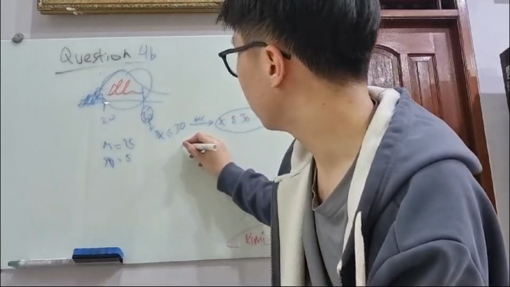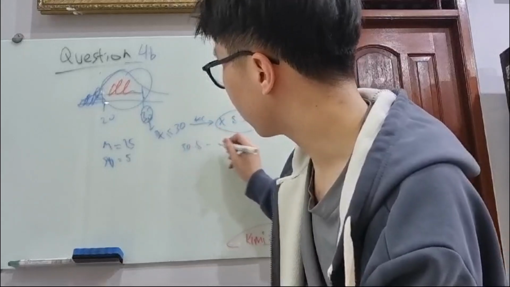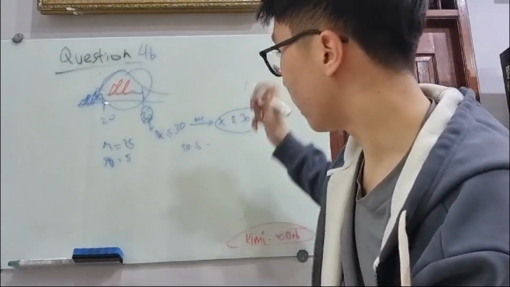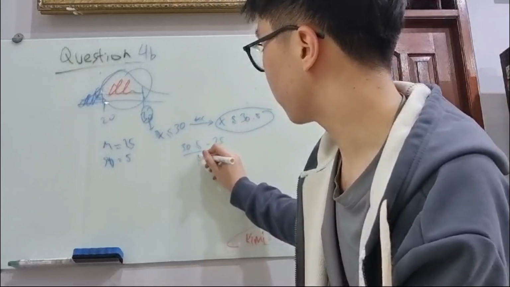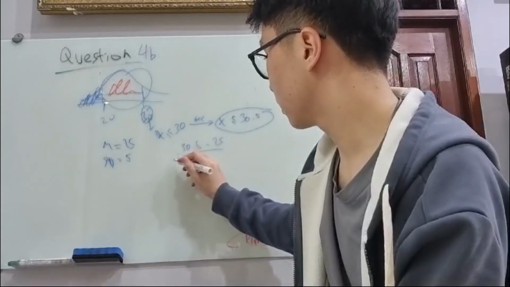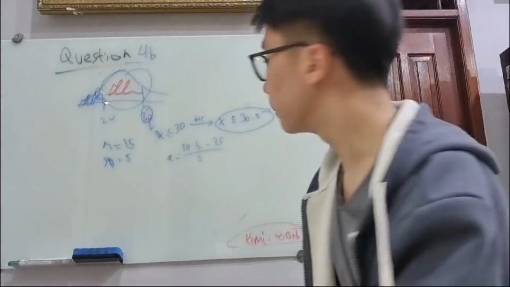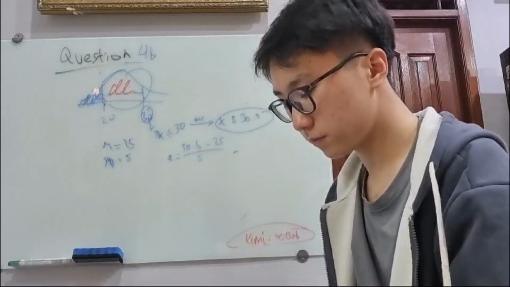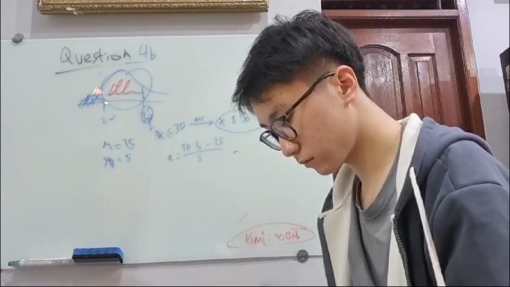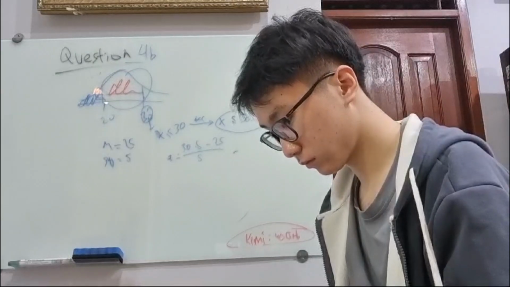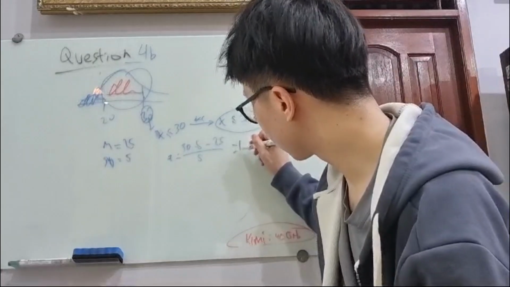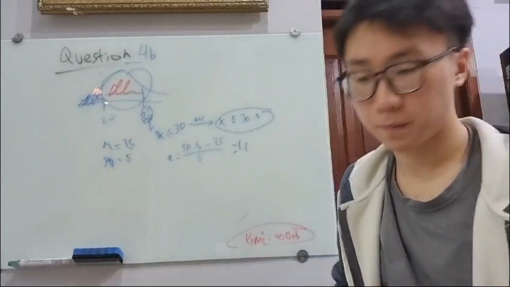And so we put it on our formula here, 30.5 minus 25, the mean, and divided by 5, the standard deviation, to get the z value of 1.1.